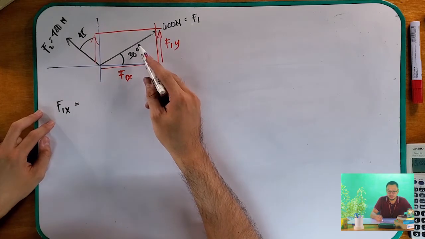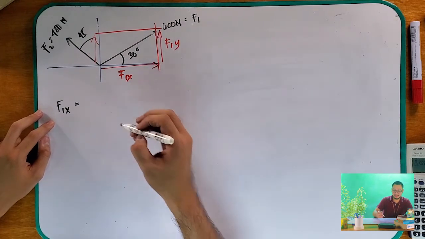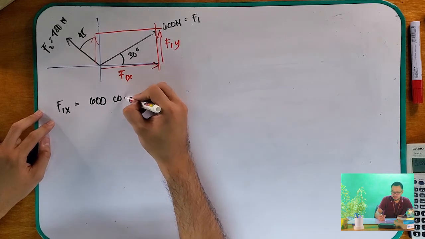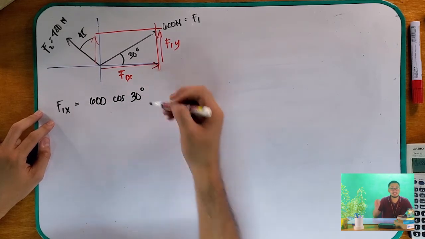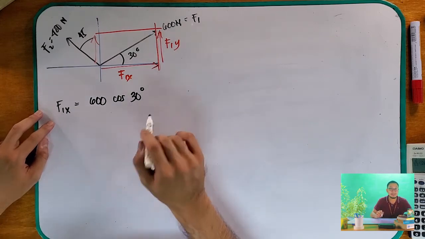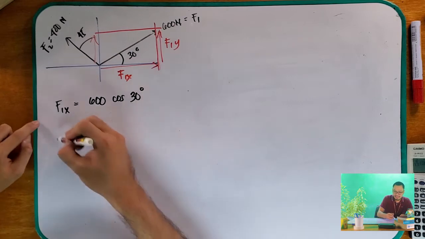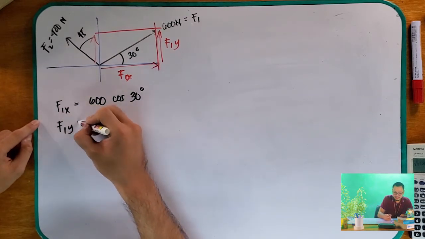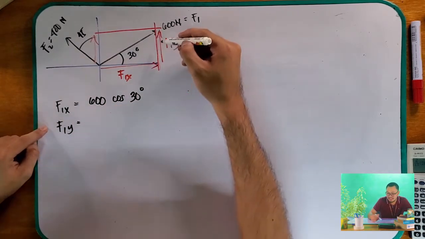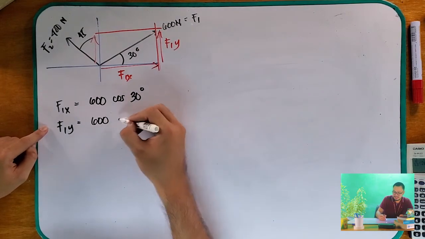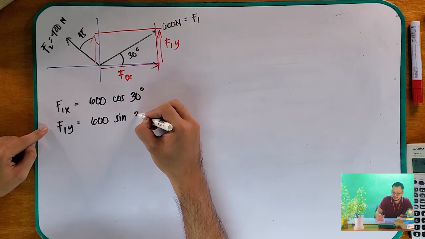Adjacent over hypotenuse. So, that is cosine. So, 600 cosine of 30 degrees. Diretso na ko. Kung wala ka kaapas, balik sa akong previous na video. Okay. Ang atong F1y is equal to, so, since opposite over hypotenuse, that is 600 sine of 30 degrees.